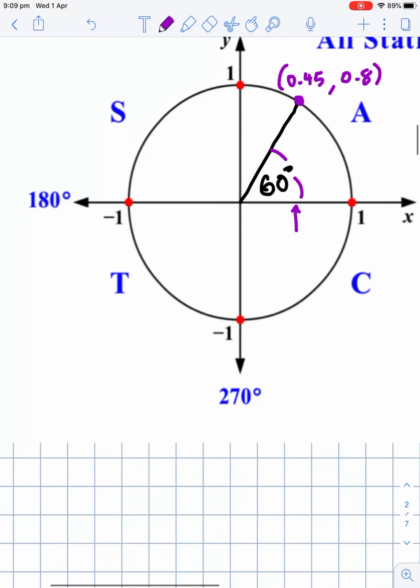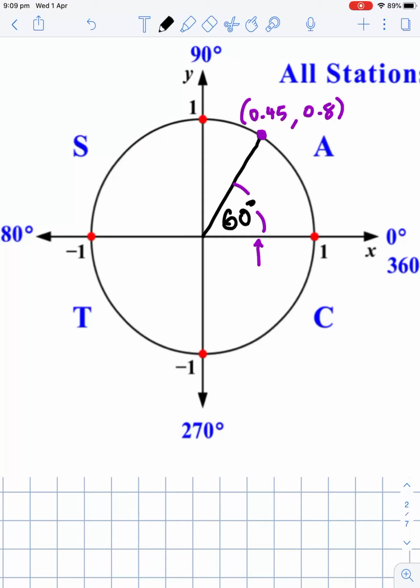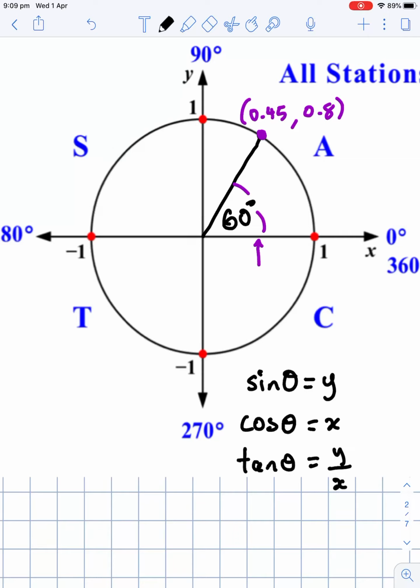What the unit circle is saying is that you also have to remember that sine of theta is equal to y, that cos of theta is equal to x, and that tan of theta is equal to y over x. They really emphasize this in the videos.